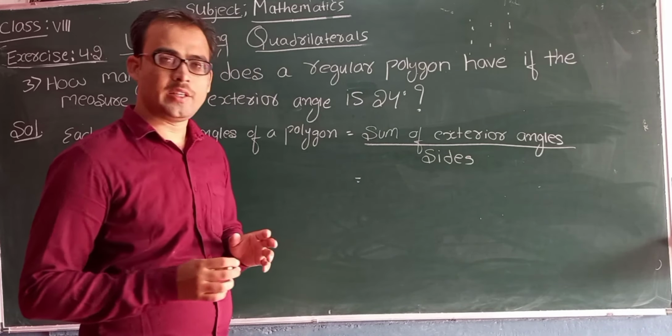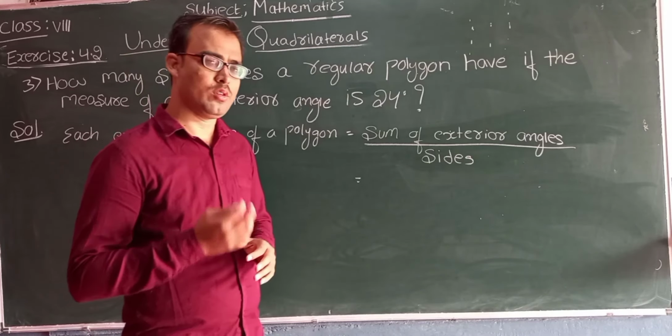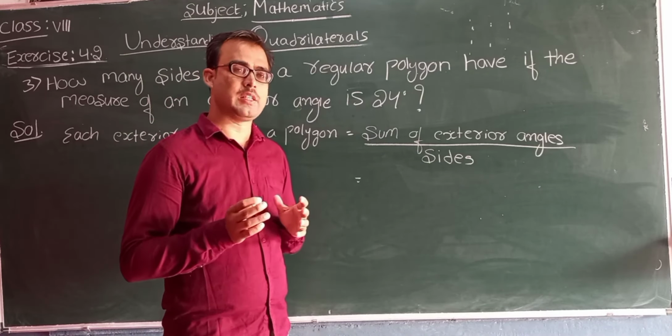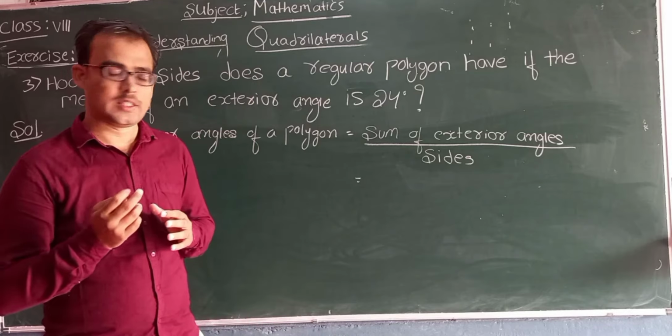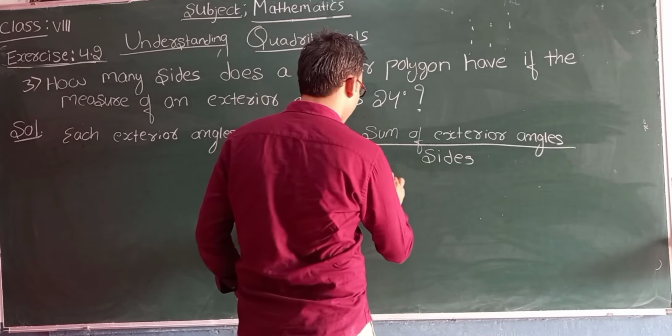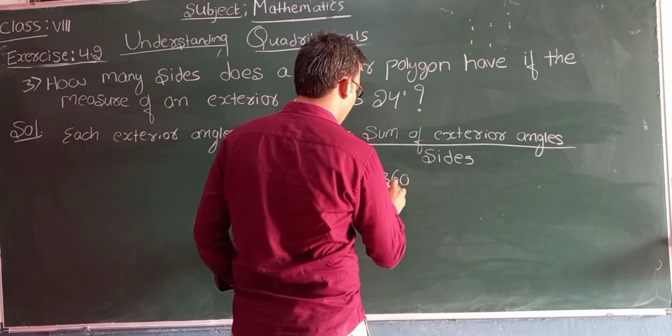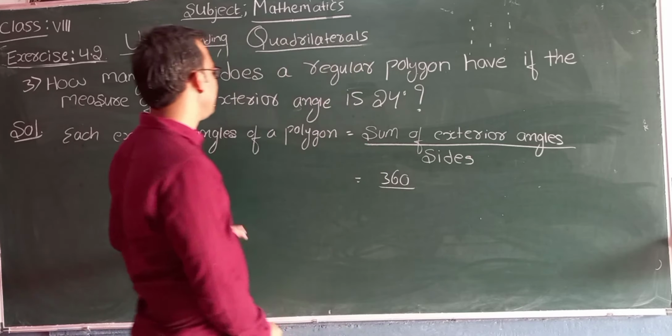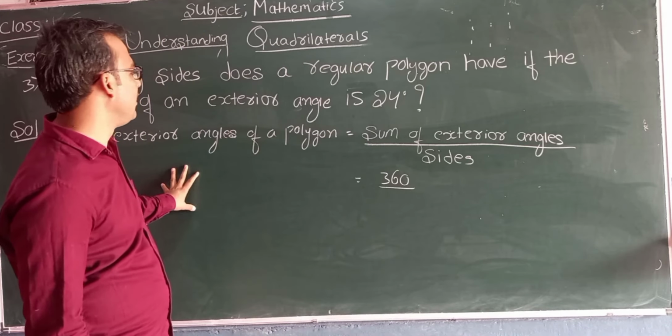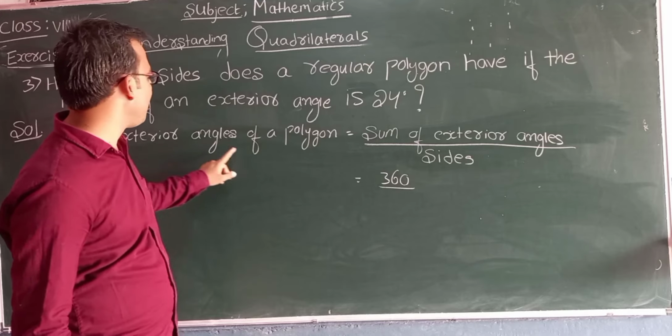Okay, we know that for any polygon the sum of exterior angles is how much? 360 degrees. Then here, each exterior angle of a polygon.